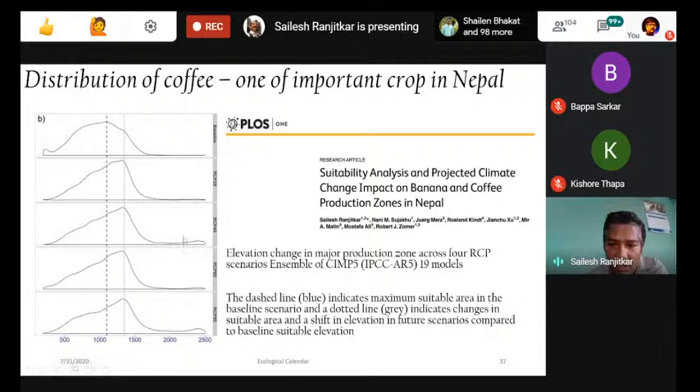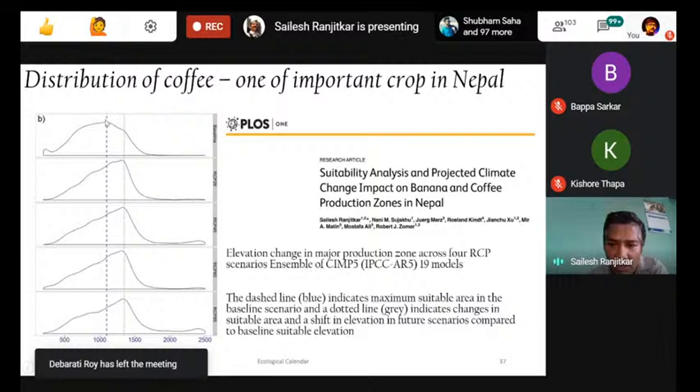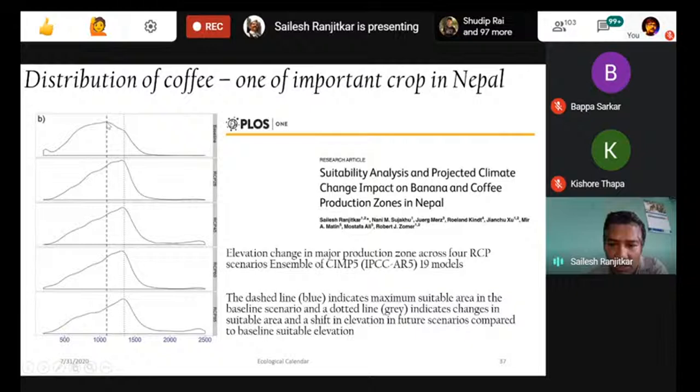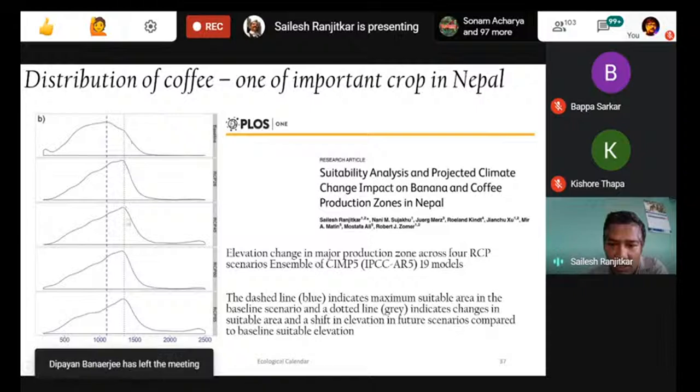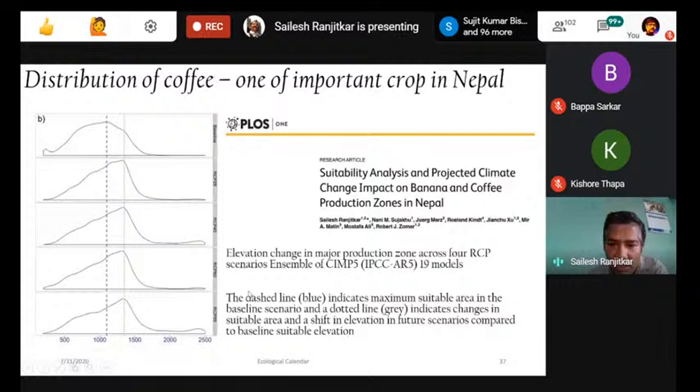We found that the peak elevation, where most of the current plantation and most of the suitable niche is, will shift almost 300 meters upward. Here you can see different scenarios. It is consistent across all the scenarios, even the rate of climate change is consistent across all the scenarios. You can read this paper.